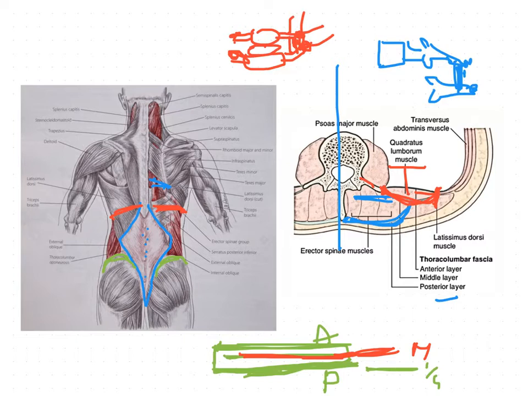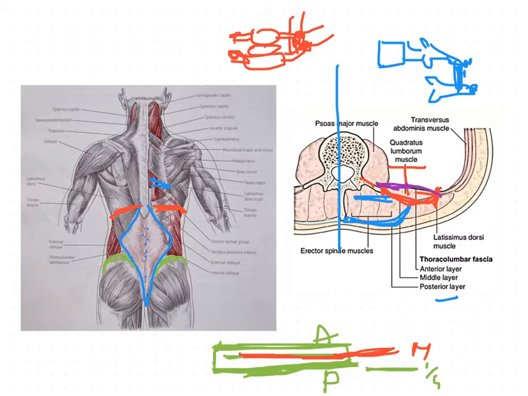The anterior surface of the transverse processes of the lumbar vertebrae has some vertical ridges, and to those vertical ridges this anterior layer is going to attach. Okay, and laterally it blends with the middle layer, at the lateral border of the same quadratus lumborum muscle.